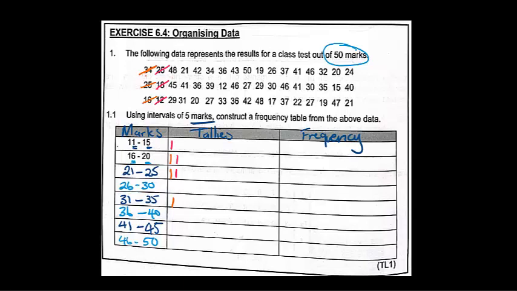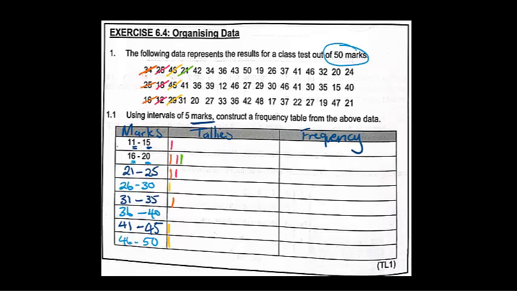12 goes there. Next up, I have 48, which goes there. Then I have 45, which goes there. And then I have 29, which goes there. Next up, I have 21, which goes there.